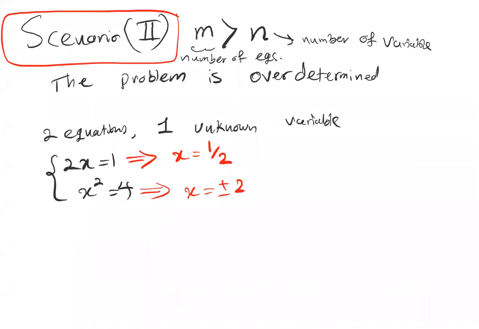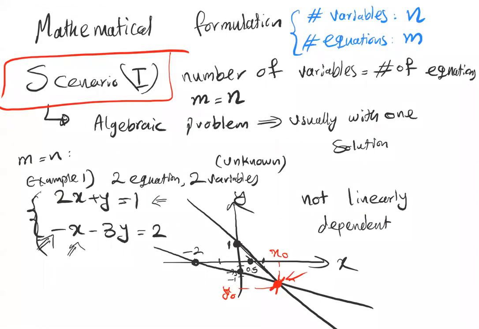If for any reason the number of variables is equal to the number of equality constraints, then we have scenario 1. In this case, the optimization problem is solved. You only need to find the accurate answer for the set of equations, the set of equality constraints that you are given.